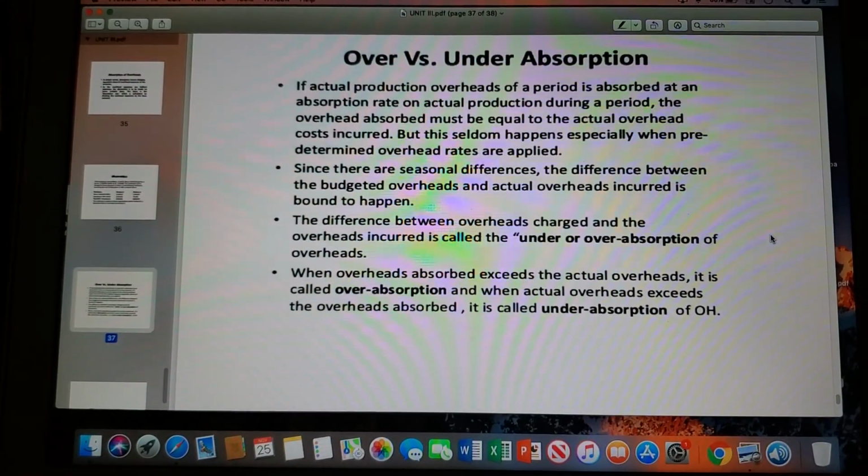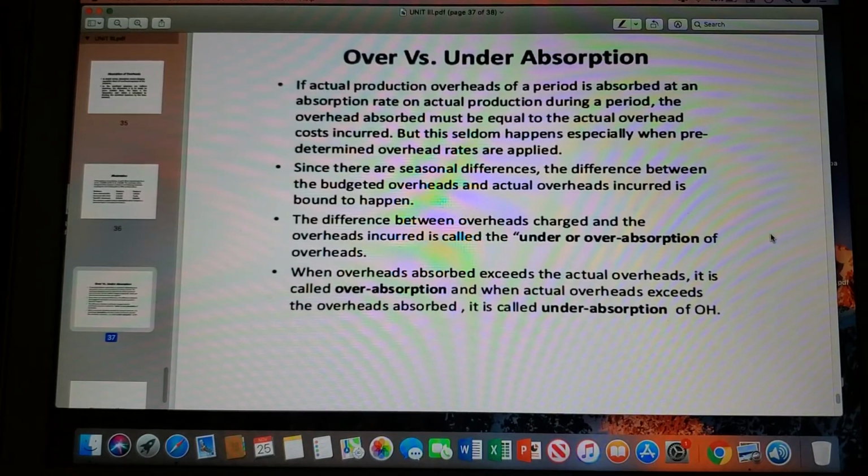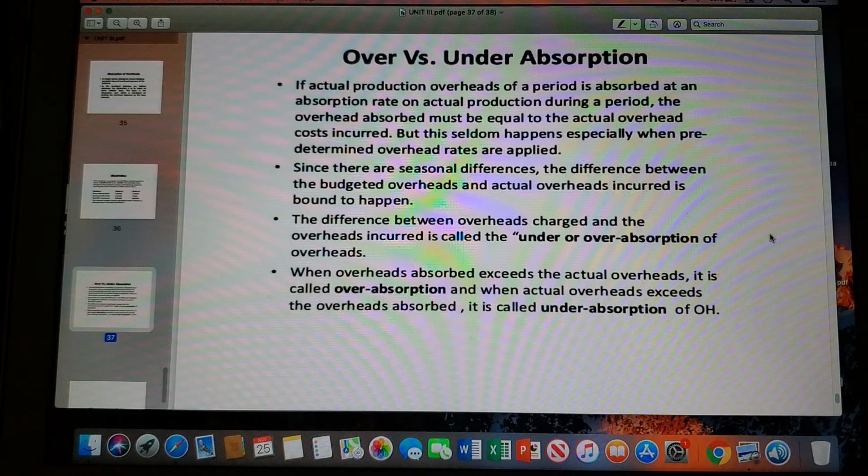Over versus under absorption. If actual production overheads of a period is absorbed at an absorption rate on actual production during a period, the overhead absorbed must be equal to the actual overhead costs incurred. But this seldom happens, especially when predetermined overhead rates are applied. Since there are seasonal differences, the difference between the budgeted overheads and actual overheads incurred is bound to happen.